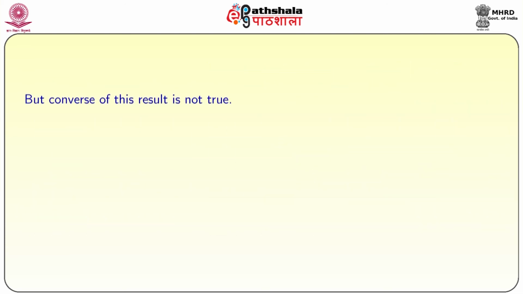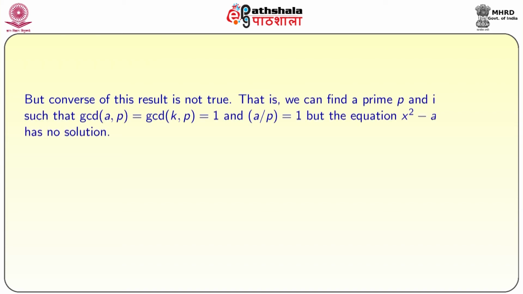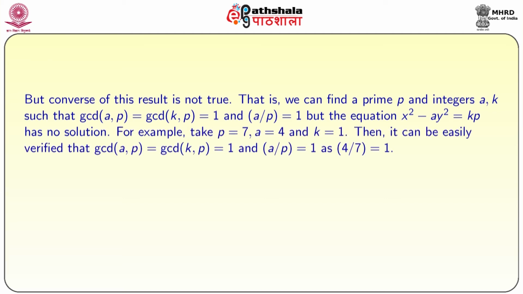But the converse of this result is not true. That is easy to verify: we can find a prime p and integers a and k such that GCD of a and p and GCD of k and p equal 1 and the Legendre symbol (a/p) equals 1, but the equation x square minus a y square equals kp has no solution. For example, let us take p equal to 7, a equal to 4 and k equal to 1.